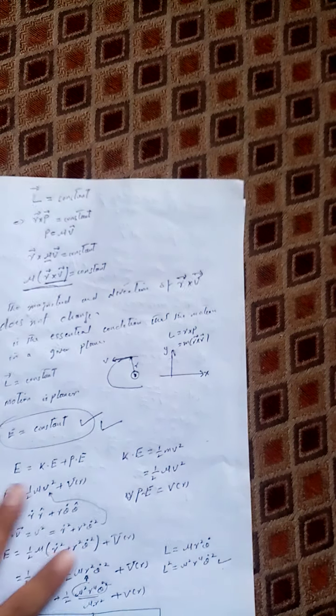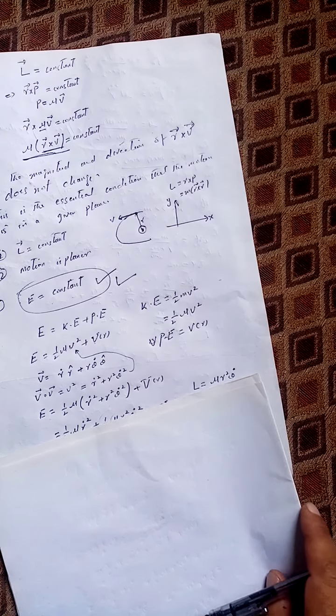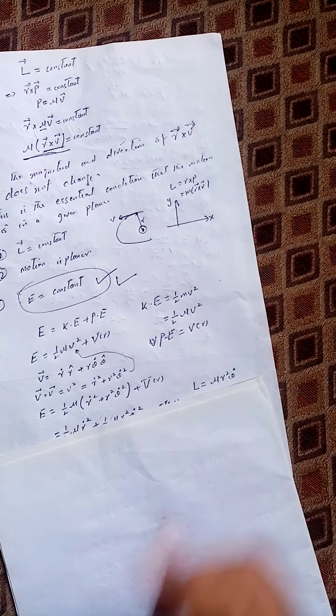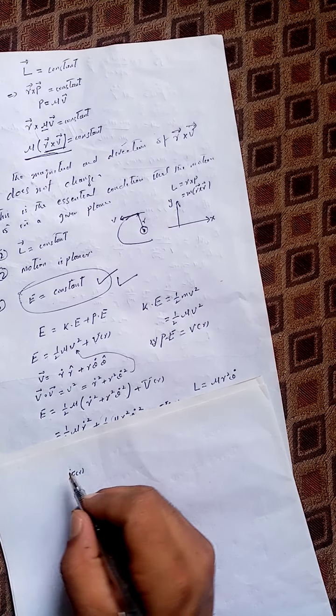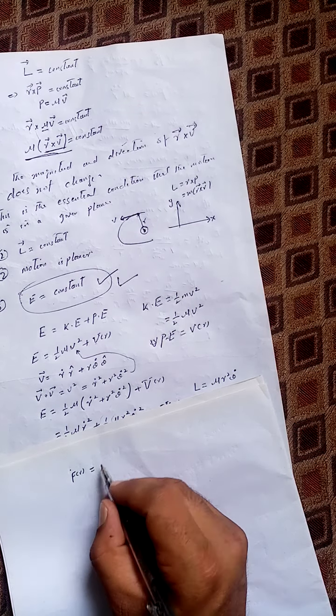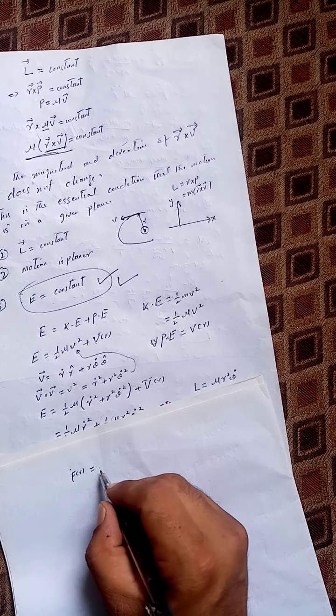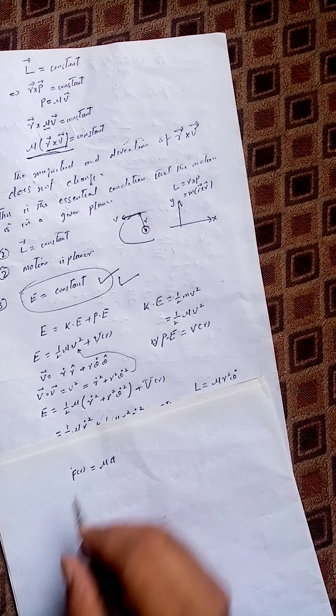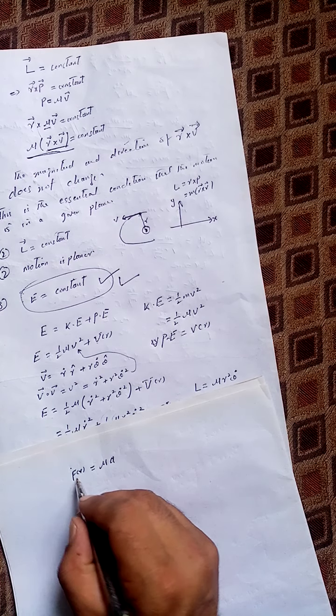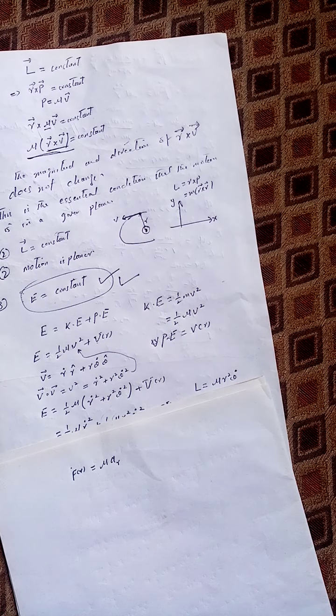Now we will move to the central force field again. The central force F of r is basically equal to the mass times acceleration, but this is the radial force, so the acceleration will be radial acceleration.